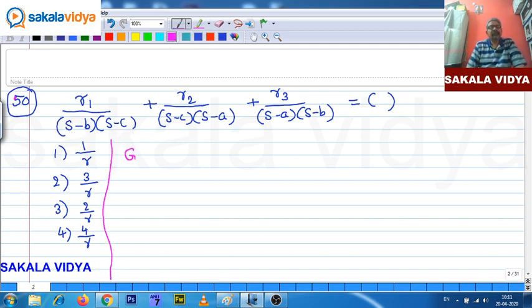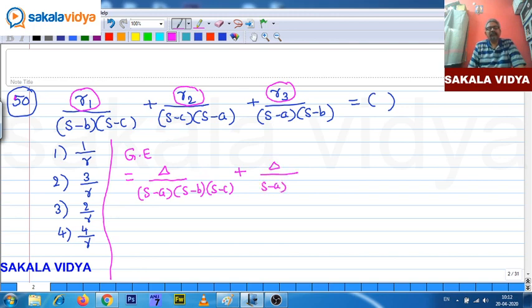So now this given expression can be written as, in the place of r1, r2, r3, let us substitute delta by s minus a, delta by s minus b, delta by s minus c. This we can write delta by s minus a, s minus b, s minus c.